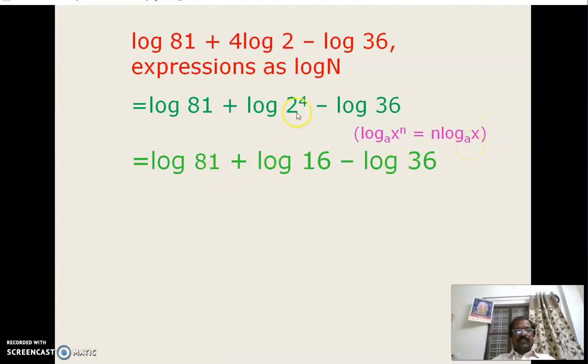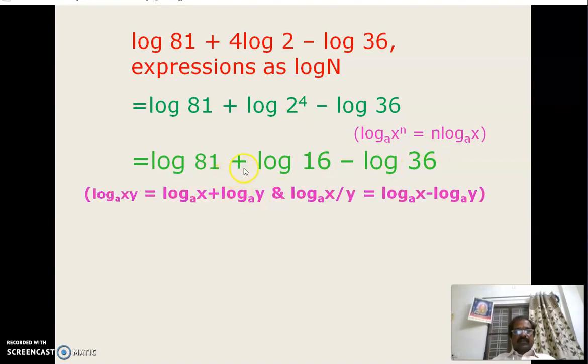Log 81 plus 2 to the power 4 is 16, minus log 36. And now for these three, here plus is there, we can apply the first property, and here minus, we can apply the second property. Log 81 into 16, here minus is there, divided by 36. 9 fours are 36, 9 nines are 81.